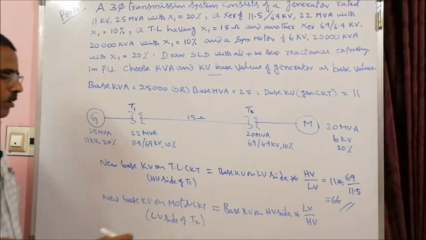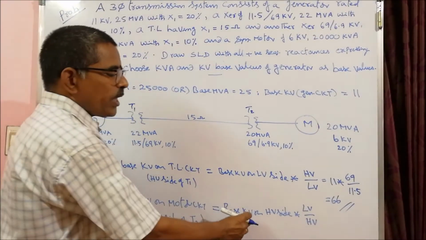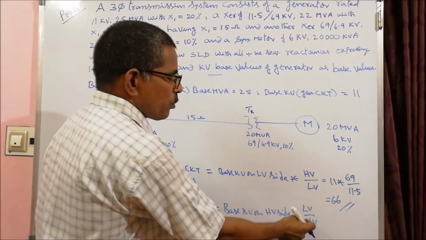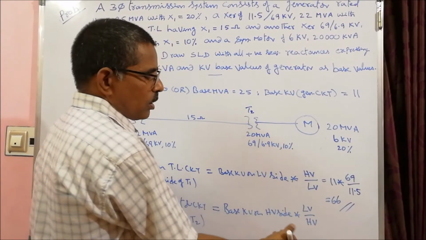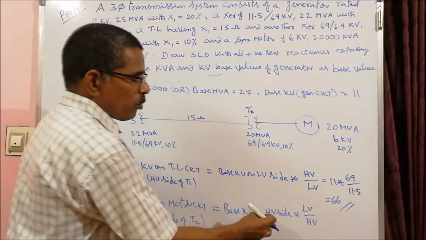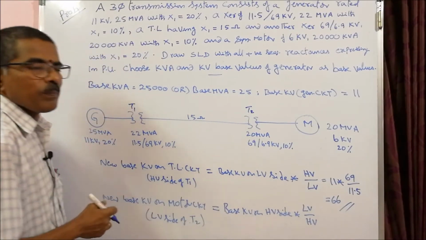We want the LV side and the HV side is known, so HV side base kV into LV by HV. Keep in mind, as a short form, that from HV you get LV.